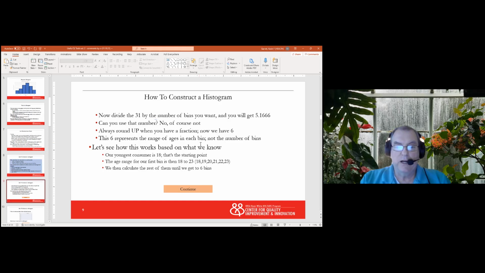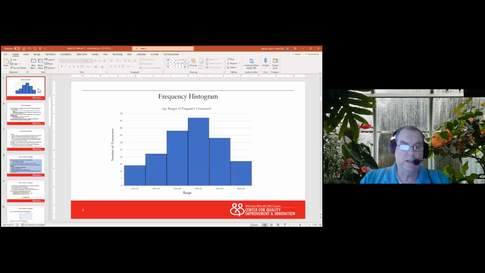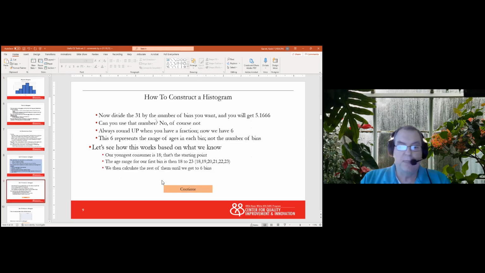So I start out, since the youngest is 18, so I count 18 through 23. And that's how many people go into that bin. However many ages I have, 18 to 23, in this case, it's about 14. That's what makes the first bin. The bins have to be of equal size.